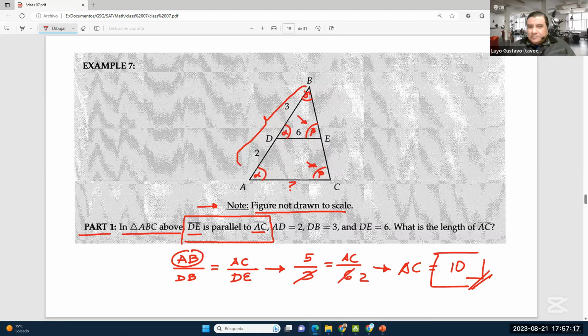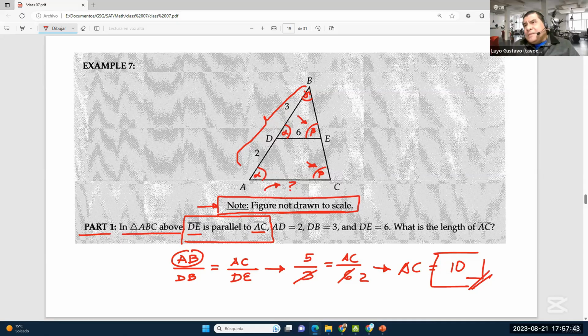Why is it risky to not pay attention to this notice? Because you may say, oh, if this is 6, maybe this one here looks like 8 or something. Remember, this figure is completely deformed. Why?